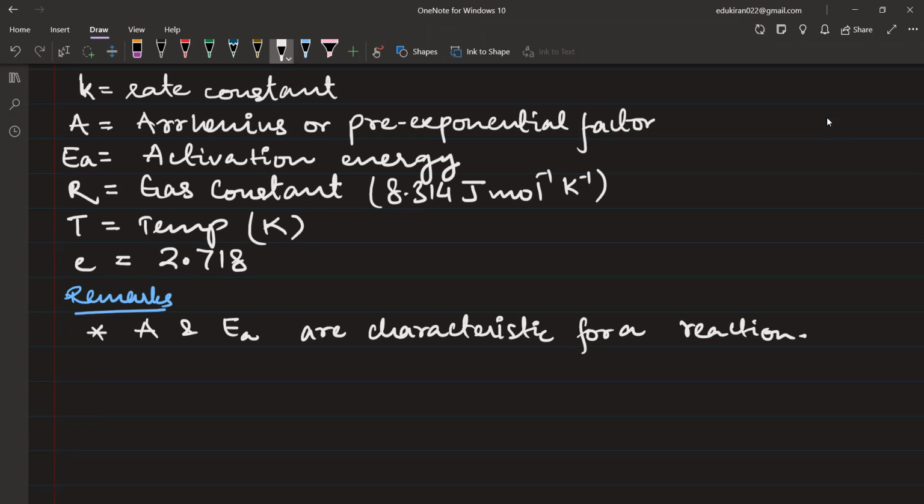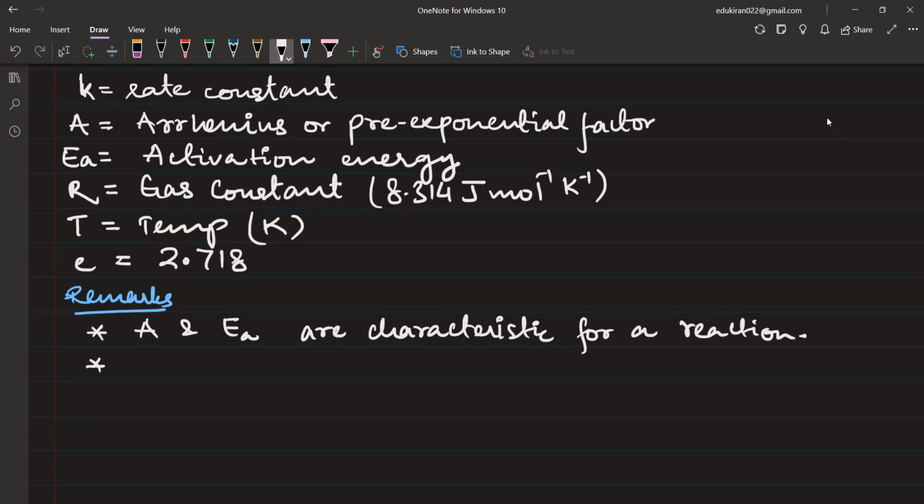That means these two are not going to depend on temperature. They just depend on the reaction. If the reaction is different, then A is going to be different, EA is going to be different. But if you do this reaction at any temperature, the activation energy and the pre-exponential factor are not going to change.